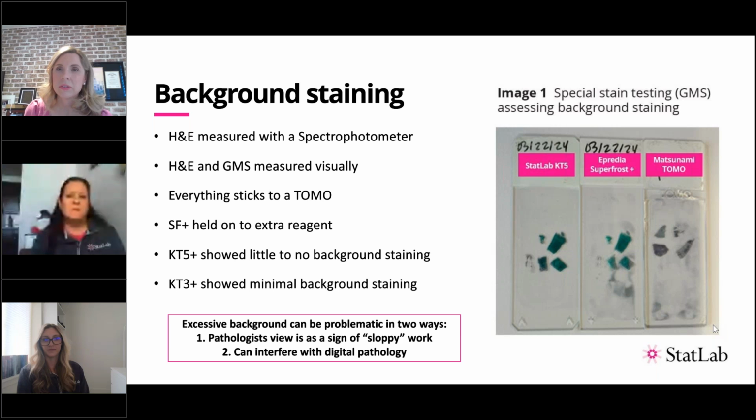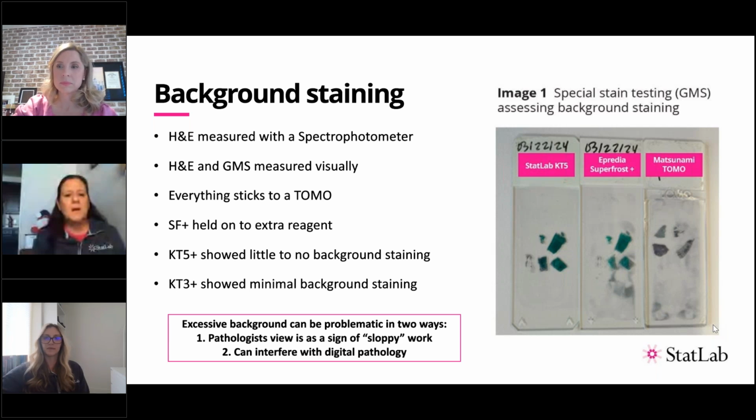These were all run together, so it wasn't like we did three different runs. These tissues were all run together. You can see the variation in background on each slide. The StatLab KT5 doesn't show any. Superfrost shows a fair amount of impact.